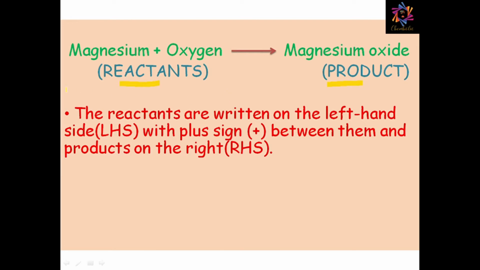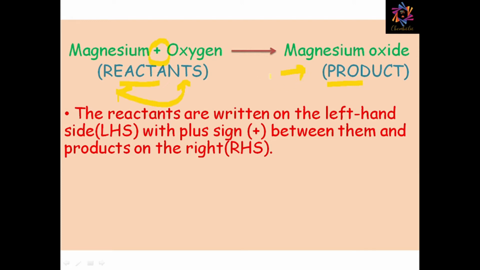Also, if we have more than one reactant present on the left hand side, then we use this plus symbol. You can see the plus sign here, and we use this plus sign to show that these two reactants, these two chemical species, actually get combined and form this product. So guys, this is the product which is formed by the reaction of magnesium and oxygen.